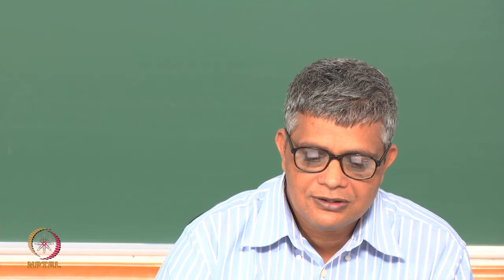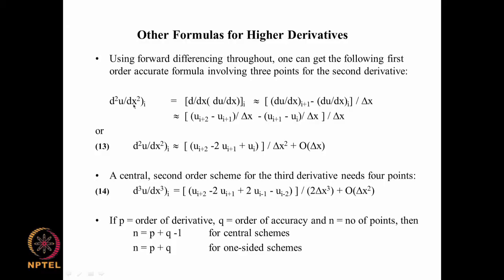So, we are going back to the same old ∂²u/∂x² at i, and it is being written as d/dx of du/dx at i, and that is written now using forward differences. Okay. So, that is du/dx at i+1 minus du/dx at i divided by Δx. This is a forward difference approximation of d/dx of du/dx at i.